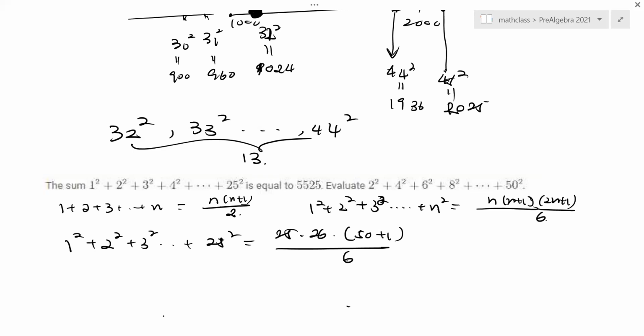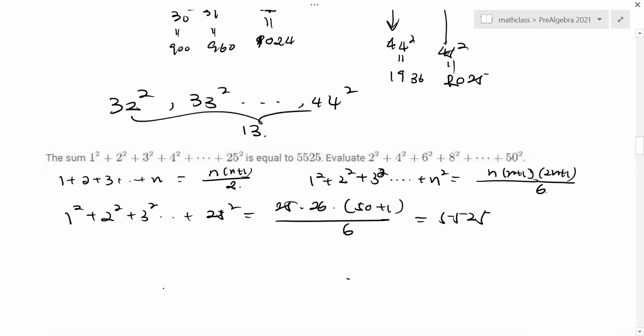So 25 times 26 times 51 divided by 6. Bingo, this is the right answer, 5525. But that's a given. I just double checked whether this is the correct number. So we are given this, and you don't need to compute it.